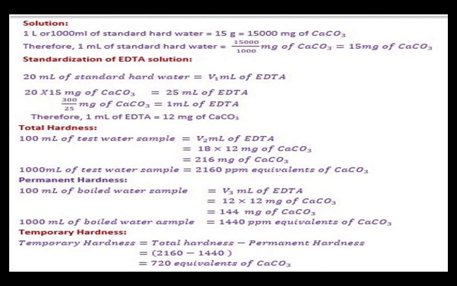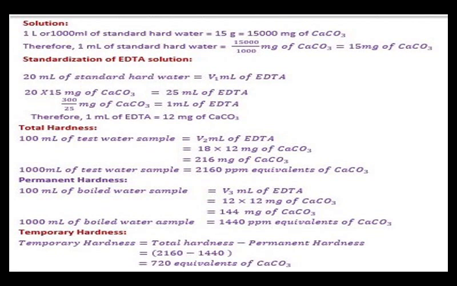Therefore, 18 into 12 milligrams of calcium carbonate will give you 216 milligrams of calcium carbonate, which means 100 ml of test water sample has 216 milligrams of calcium carbonate equivalents. But if we calculate it for 1000 ml or per 1 liter, then 2160 ppm equivalents of calcium carbonate is present.